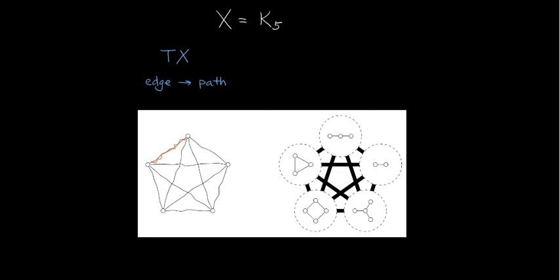Now you see there is a different way to see that this also looks like a K5. Instead of touching the edges, now we touch the vertices. So there is another concept.